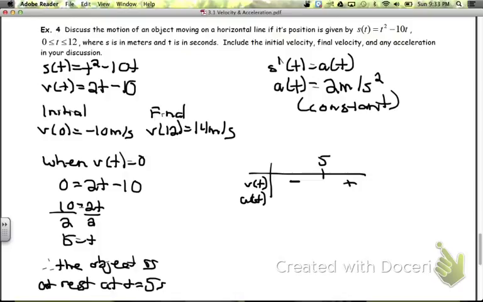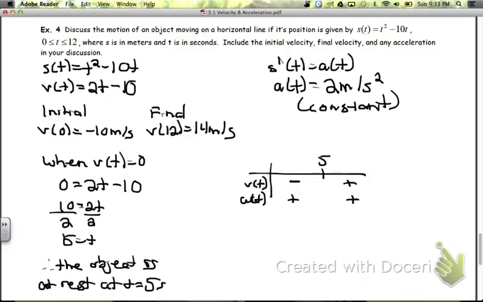And then using our acceleration function here, for less than 5, it's going to be positive, and greater than 5, it's also going to be positive. So since our acceleration is constant, it's not going to be a negative acceleration anywhere.